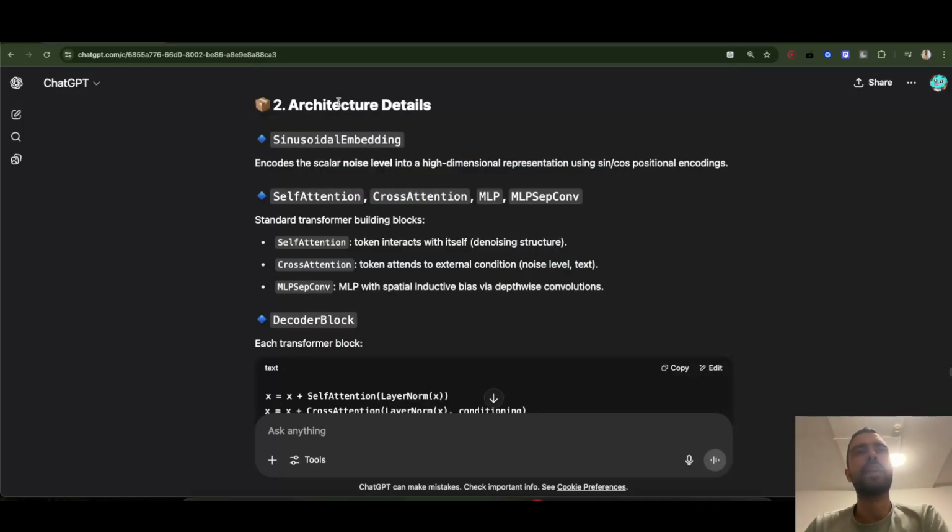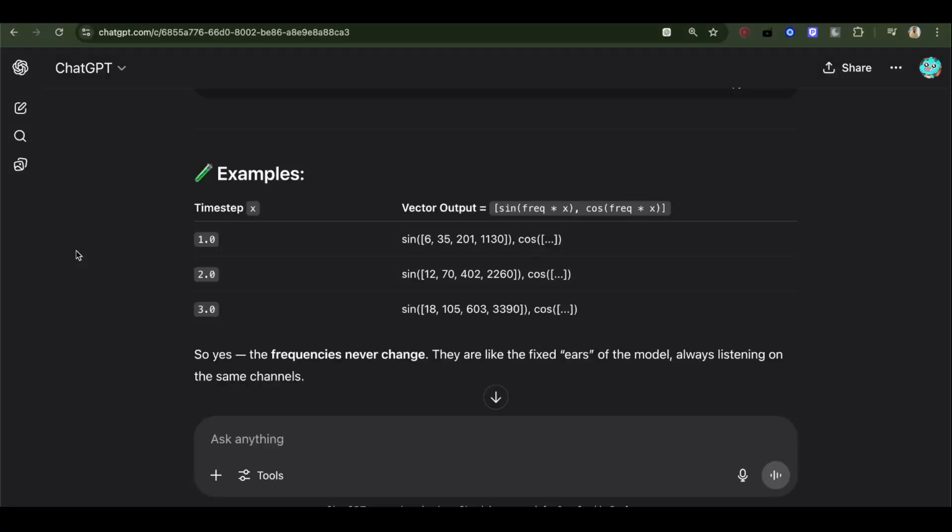Then we have these architecture details. Sinusoidal embeddings encode the scalar noise level into a high dimensional representation using sine, cosine, positional encodings. So this is the trick. Instead of passing the time step, which is connected to how much noise there is in the image. In the beginning time steps there is no or little noise, and in the ending time steps there is a lot of noise.